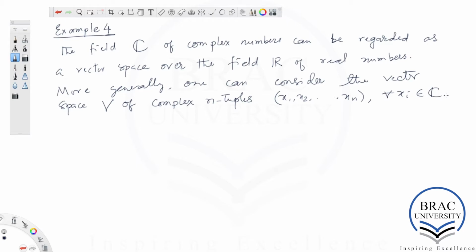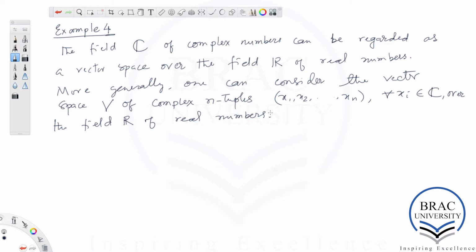Okay, so this is a vector space. We will see the vector space of complex n tuples over the field R of real numbers.